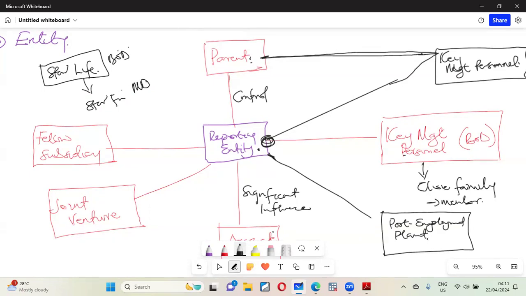Then I was talking about post-employment benefit. Now, post-employment benefit, again, Star Life, Star FM. Star FM is a radio station, right? And Star Life is a pension management. So if Star Life is the one holding the pension for Star FM, it means that the IAS 19 component of this transaction is a related party transaction because the pensions of Star FM are managed by Star Life.